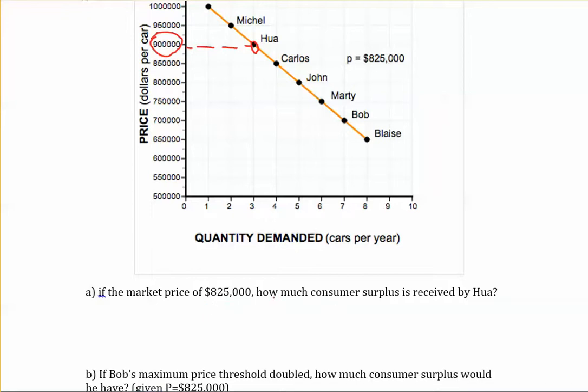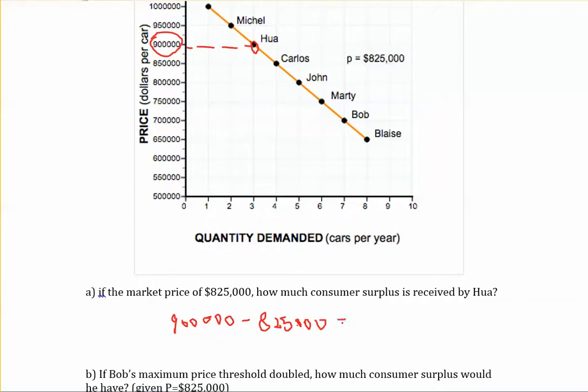So the consumer surplus, as I just mentioned, equals the maximum amount of money this person wants to pay minus the market price. So we will have $900,000 minus $825,000.